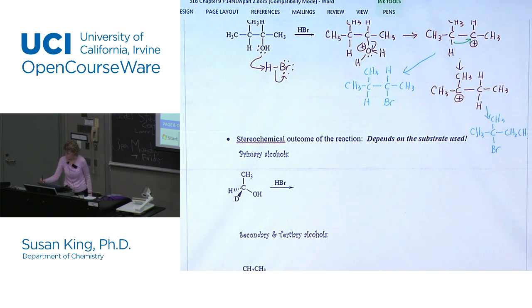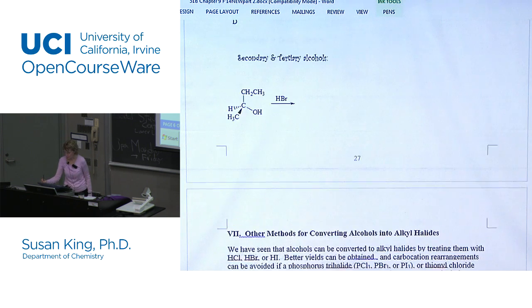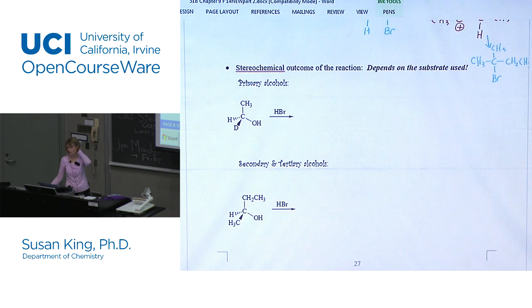Okay. That's reason number one, rearrangements. Reason number two, let's talk about the stereochemistry of this reaction. You love stereochemistry, right? We don't want to leave stereochemistry out. It depends on the substrate used. Primary alcohols. I might give you a problem like this on the test, and I'm going to expect you to show the stereochemistry in the product.